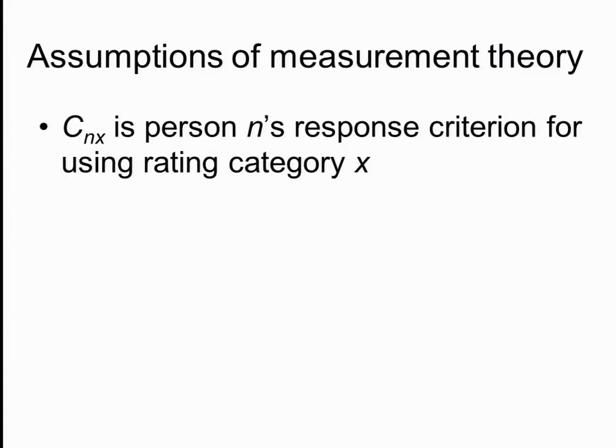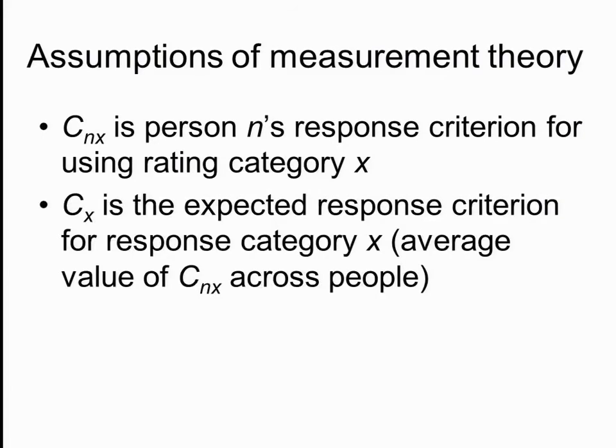Similarly, each person creates their own categories, and so the category thresholds would be subscripted for the person. So the category threshold for X would be Cnx, and that's person N's response criterion for using rating category X. And Cx, which is a fixed variable, would be the expected response criterion for response category X for your population.